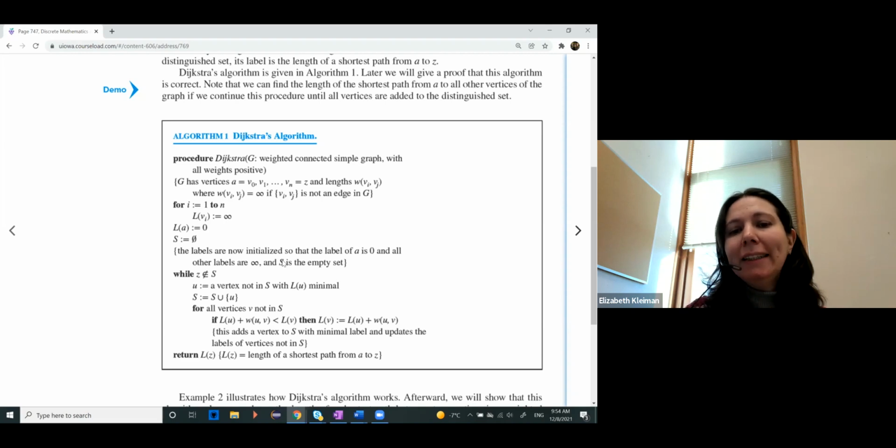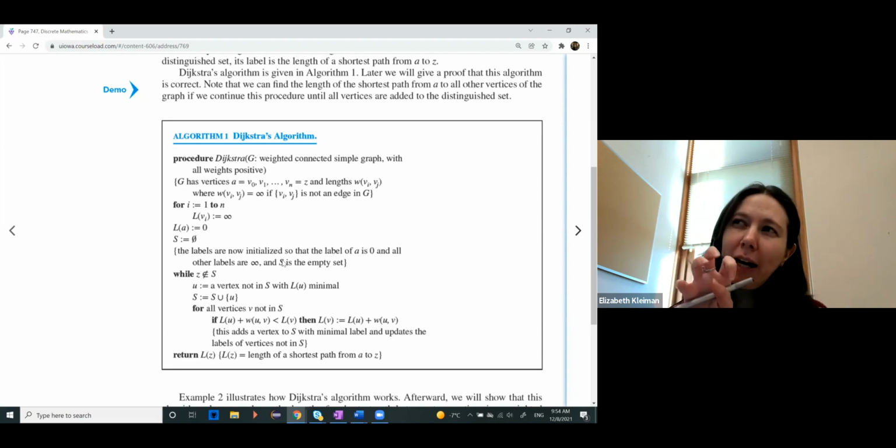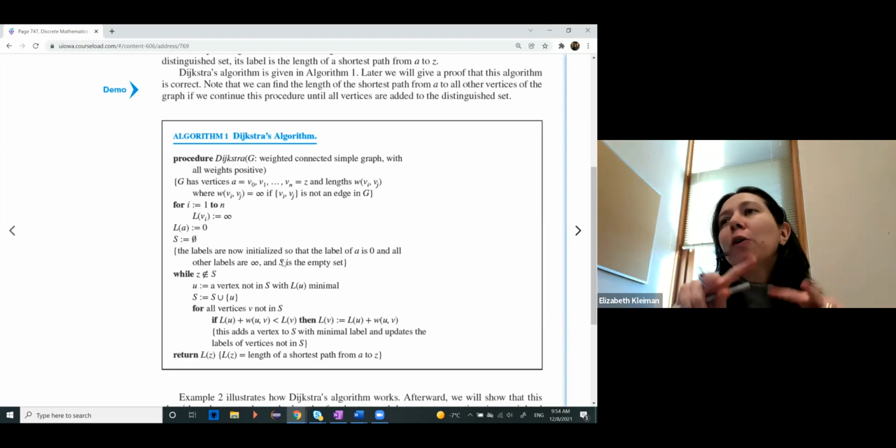Pretty much this adds a vertex to S with minimal label and updates the labels of the vertices not in S. So we're trying to find the weight of each node, of how quickly I can get to that node.